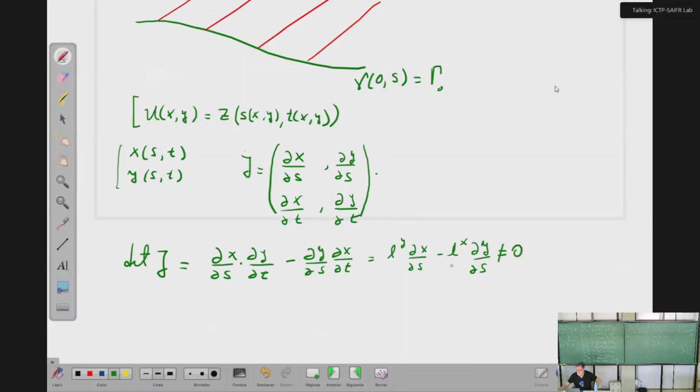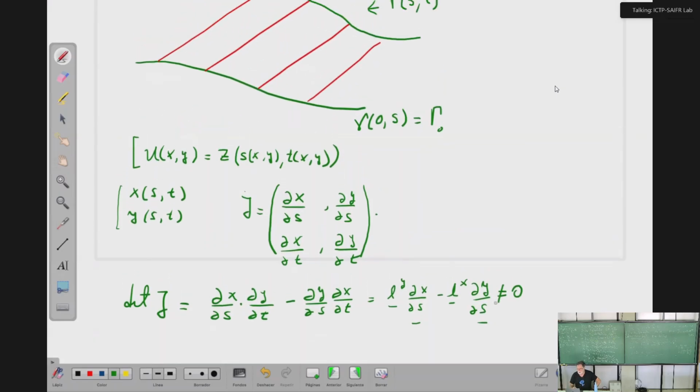And these things, what are these? These are the tangent vectors along s. The tangent vectors along t are the L's, and so these are the tangent vectors along s. So this is, for instance, at this point, the tangent vector will be this vector.